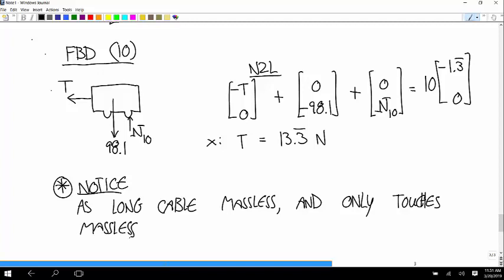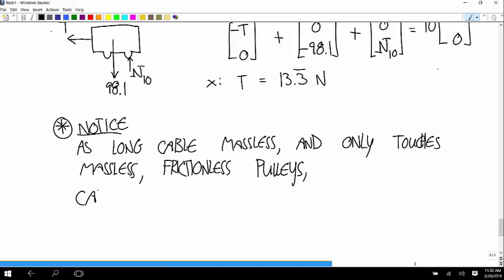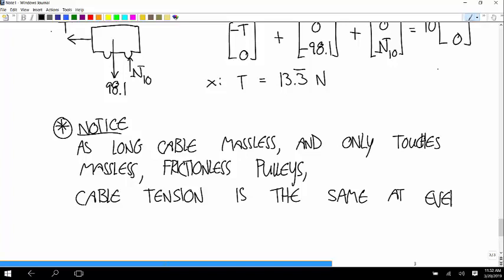We're also going to make those assumptions about pulleys. The cable tension is the same at every point along the cable's length.